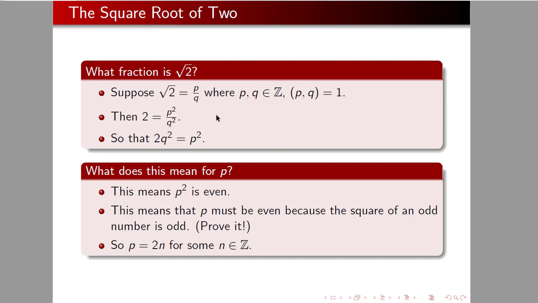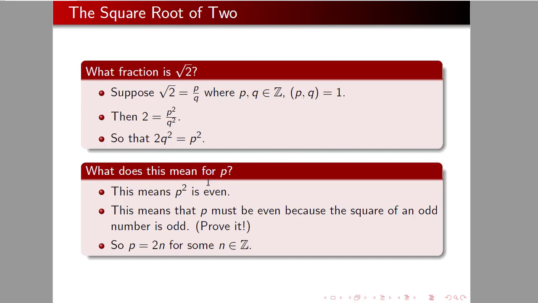What can we say about p and q? Well, first off, let's square both sides. And so then we get 2, which we do know what 2 is. It's equal to p squared over q squared, and we hate fractions, so we multiply both sides by q squared. Okay, and so 2 times q squared is equal to p squared.